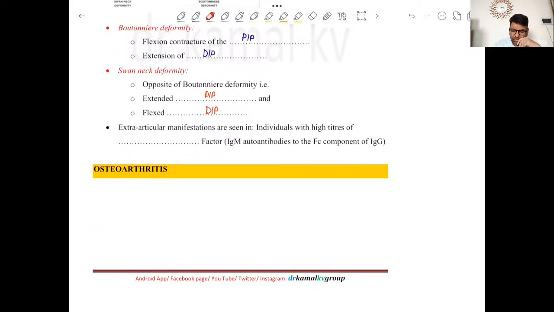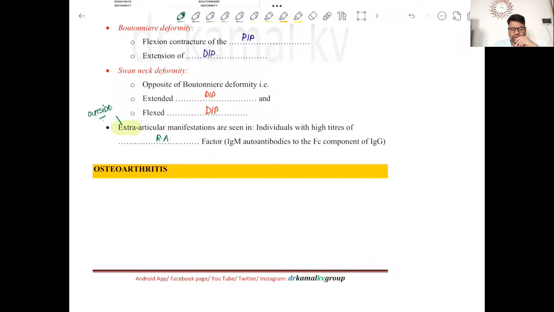Now in some patients, apart from the joint, there is involvement of other tissues as well, like the cardiovascular system. This is known as extra-articular. Extra means outside, so outside the bony system there might be involvement of other systems, and this is especially seen if the patient is positive for RA factor, right?